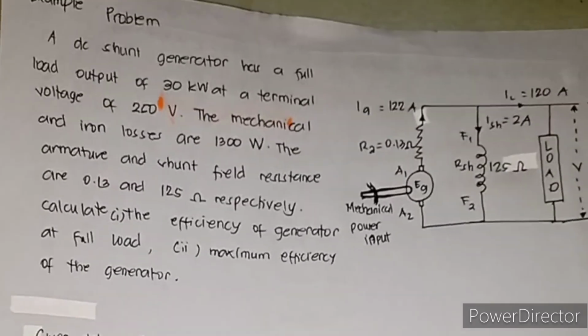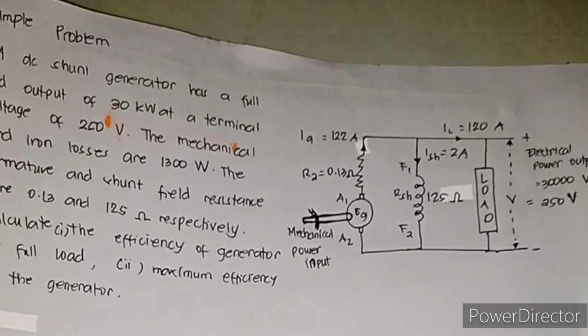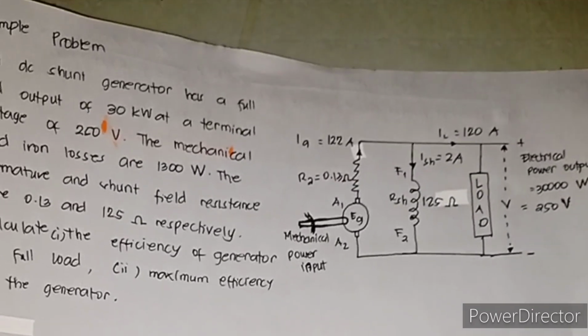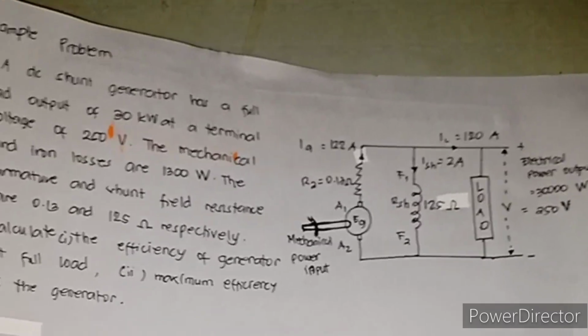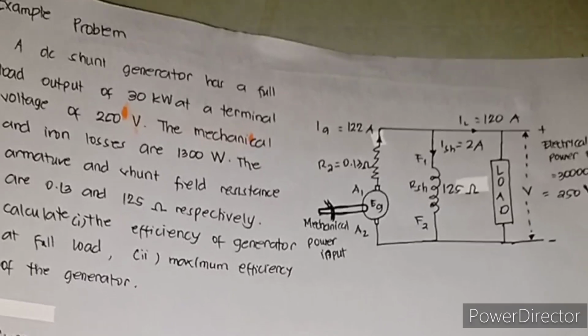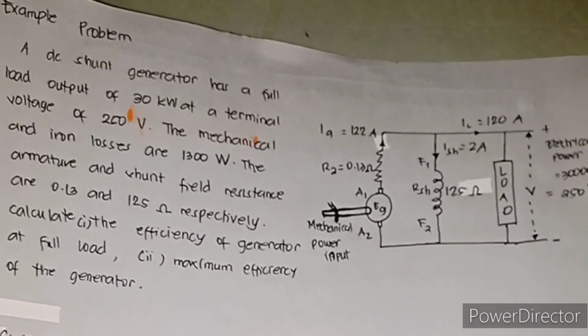We have the given data. The power output is 30 kilowatts, and 30 kilowatts is equal to 30,000 watts. The terminal voltage is 250 volts and the mechanical and iron losses are 1,300 watts.